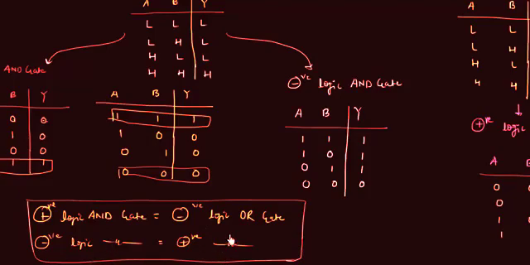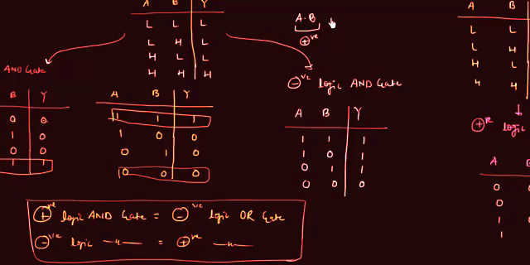Now the question comes, what is dual form? The dual expression is used to convert the positive logic to negative logic and negative logic to positive logic. Very simple. So if I say I have an expression like A and B, and you want to find out the dual form, let's say this is the positive logic.